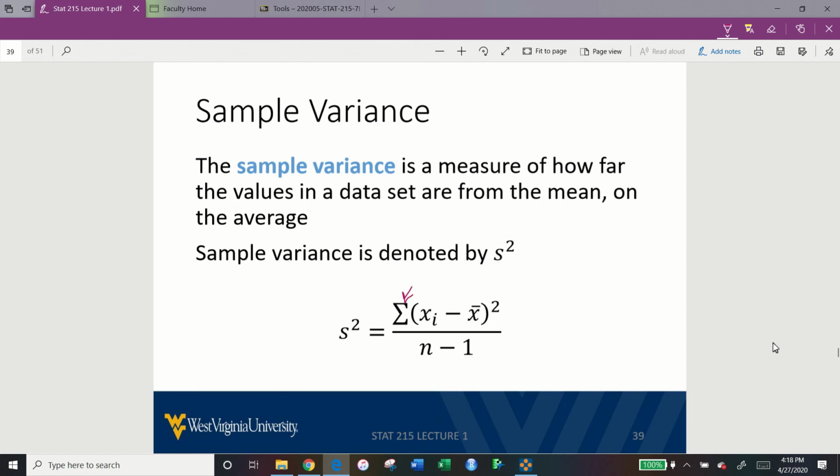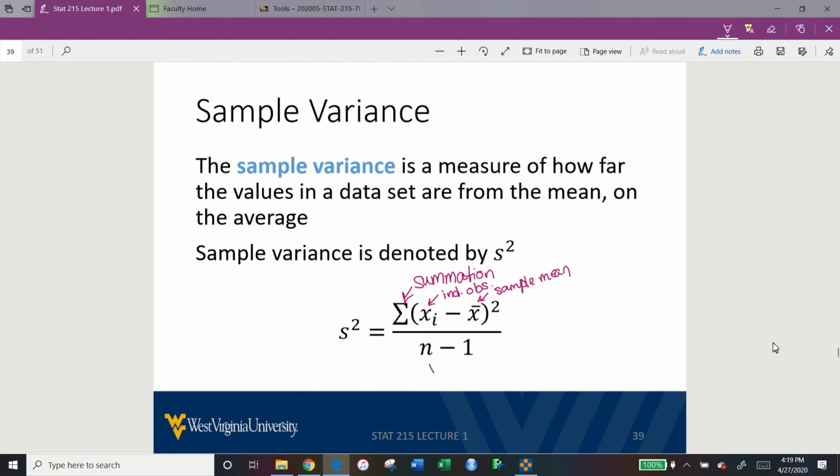So our first symbol, remember, is our summation, meaning that we are going to add. Xi, that is our arbitrary way of showing each individual observation. X bar, that is our sample mean.